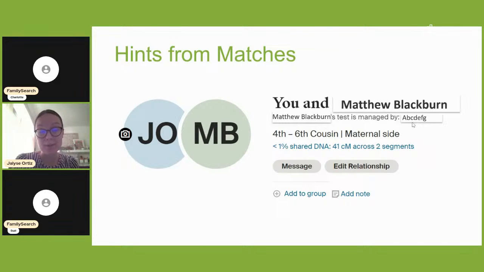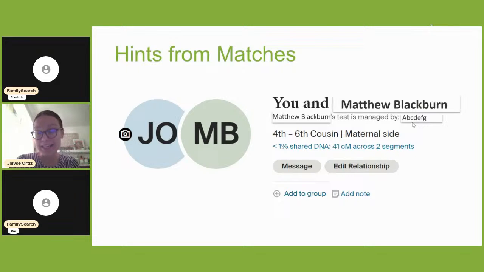And people who are typically managed for their DNA tests might be older, and their children might be managing their test. So I went thinking that might be the case here for Matthew, but I had a really hard time identifying who exactly Matthew was.